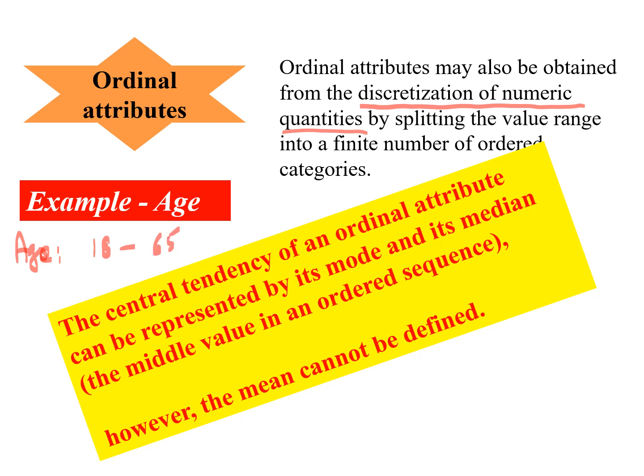So you could categorize 18 to 30 or 18 to 25 as young, 25 to 45 as middle age, and 45 above as senior. Or you could create 4 categories even. So that is also again how you get ordinal attributes, because you have the categorization as young, medium age, and senior age. So that is another way ordinal attributes come up. In ordinal attributes, mode and median can be used, but the mean cannot be defined.